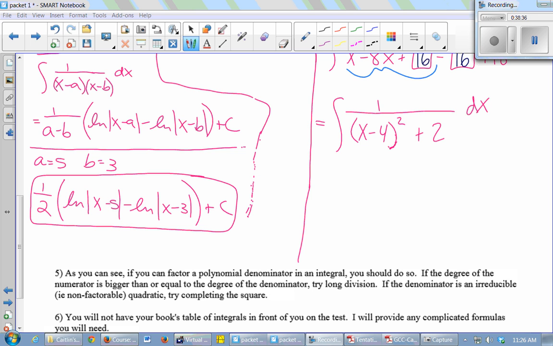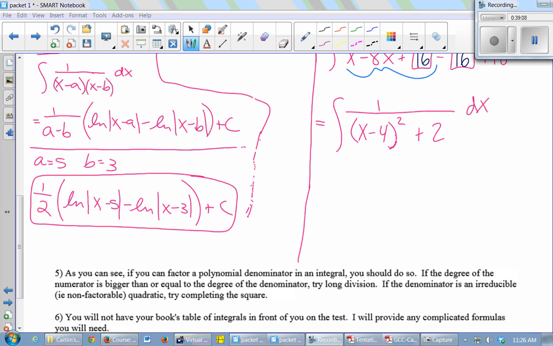My a would be root 2, because this is x squared plus a squared. 26 will not work because the denominator is not written as the factor of two things, it's the sum of two things, and it has to look exact. So if you use 24, I have to do another manipulation to make this work.